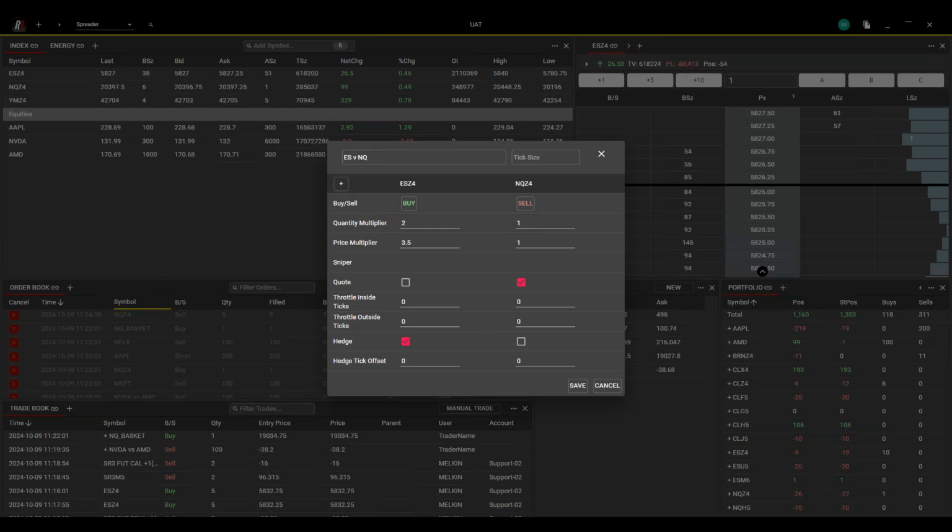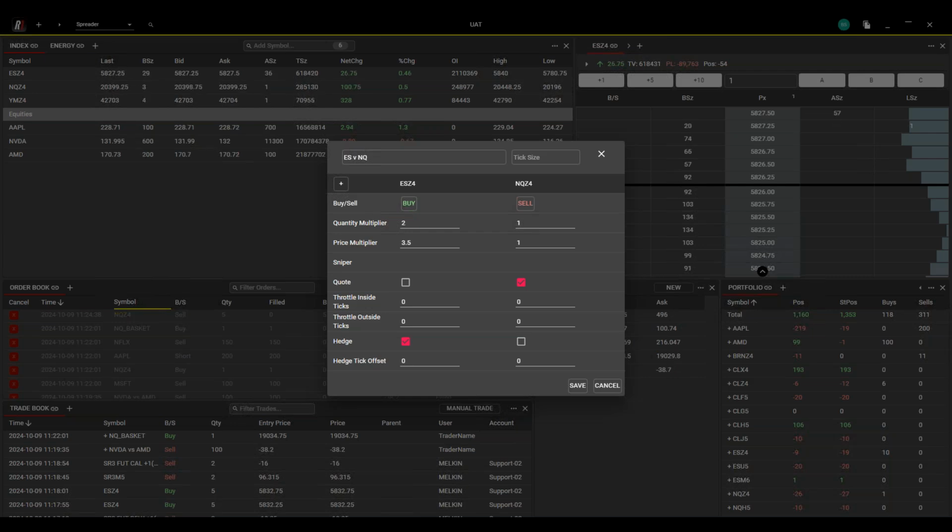Throttle inside ticks and throttle outside ticks. Throttle ticks are used to limit the messaging that is sent from your workspace to the exchange. This is often used in the case where users have either a large number of spreaders running, a large number of orders in the spreader, or very large orders.